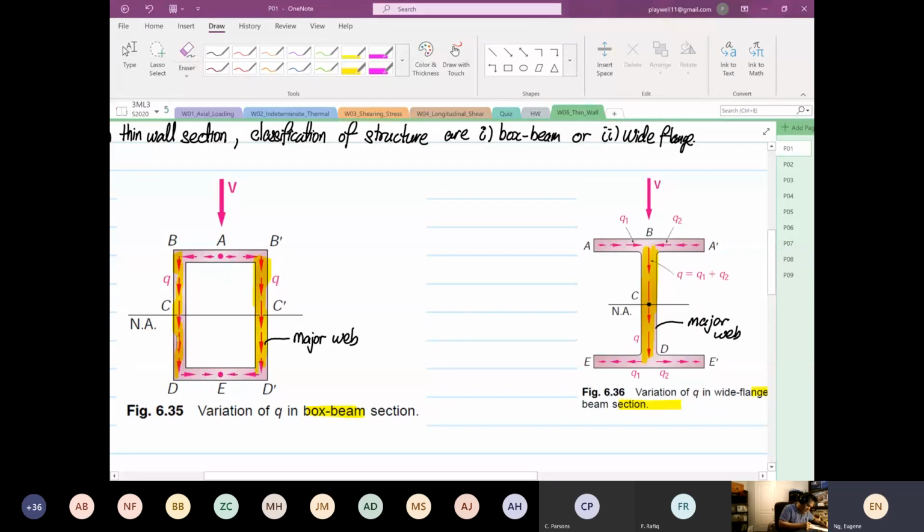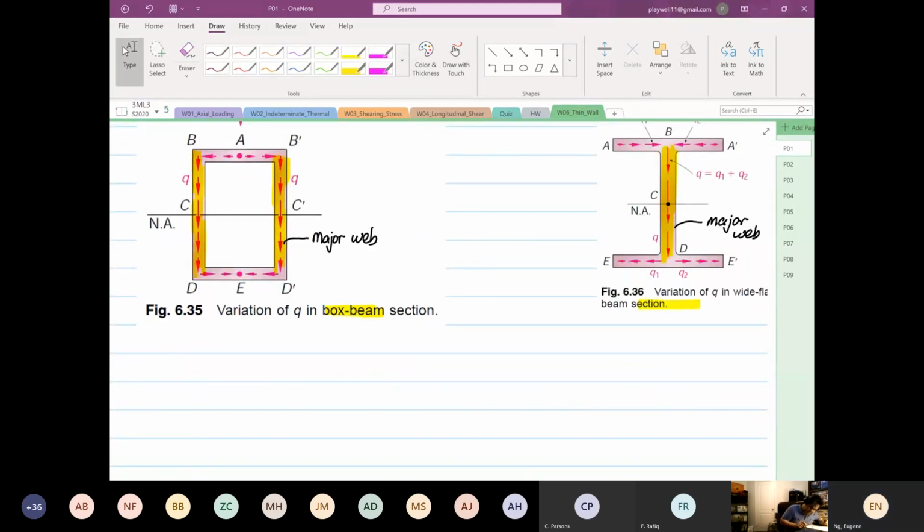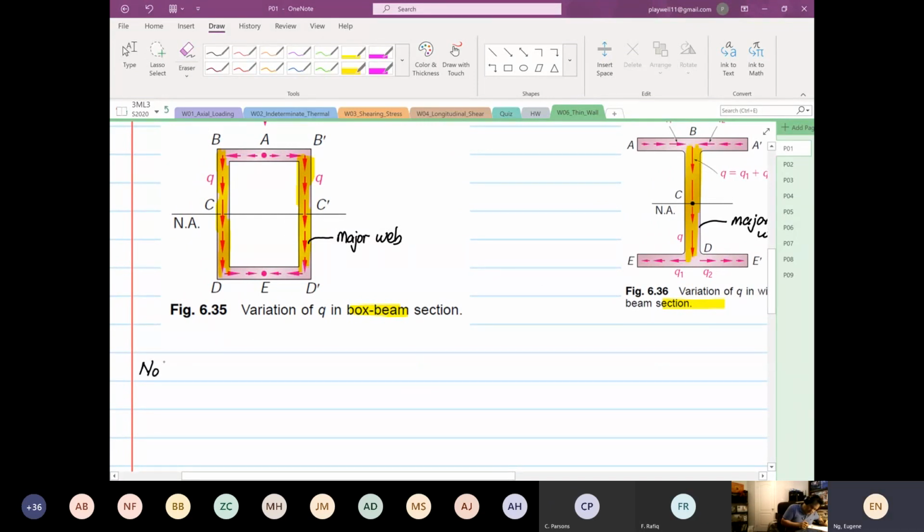So you can see the length of the Q. I'm going to put a note over here that the length of the arrows is equivalent to the magnitude of the shear flow.